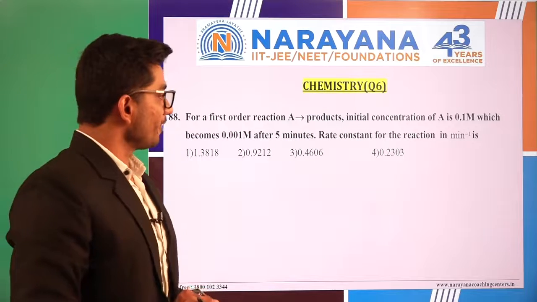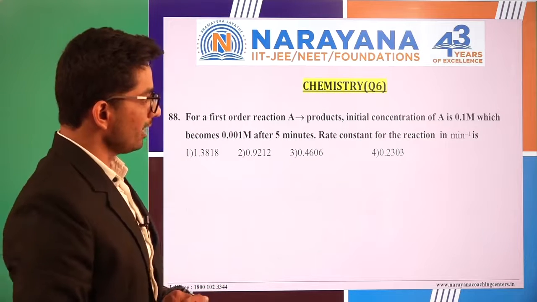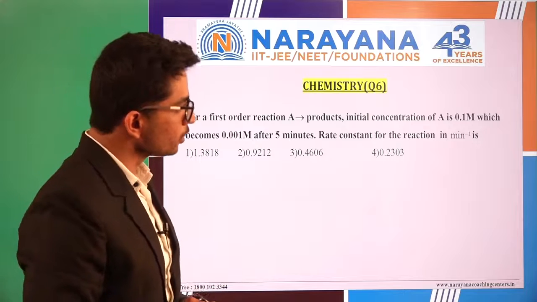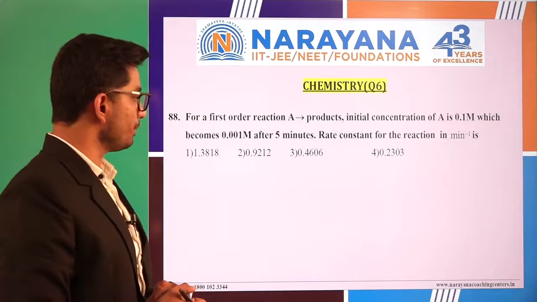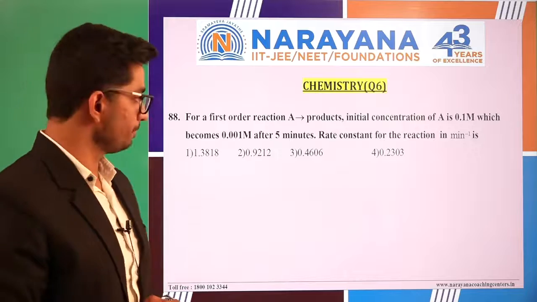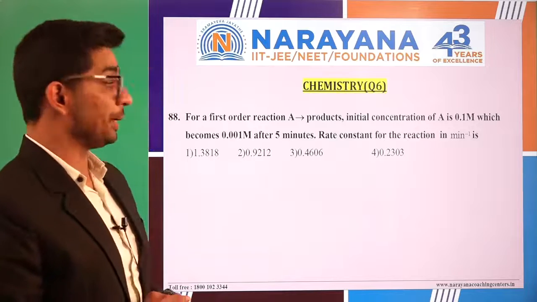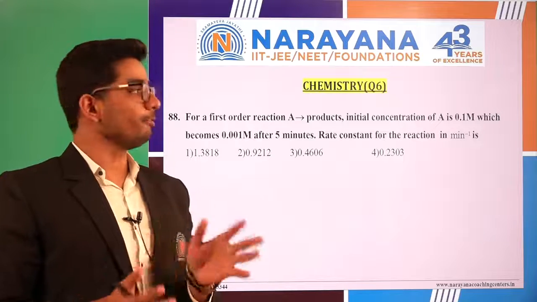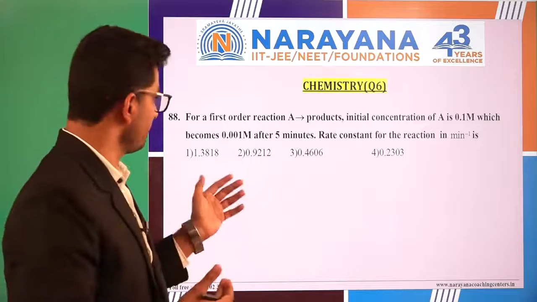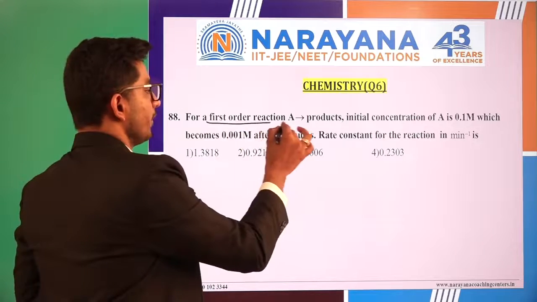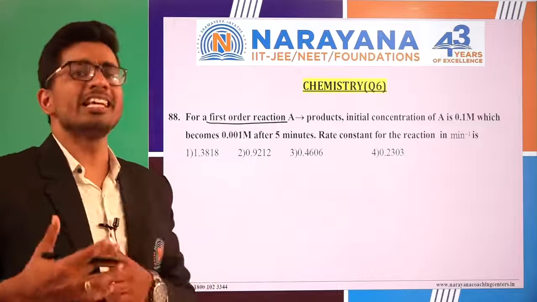For a first order reaction A to products, the initial concentration of A is 0.1 molar, which becomes 0.001 molar after 5 minutes. The rate constant for the reaction in minute inverse is asked. This is from chemical kinetics, simply from the first order part. Let's check what data we are given.